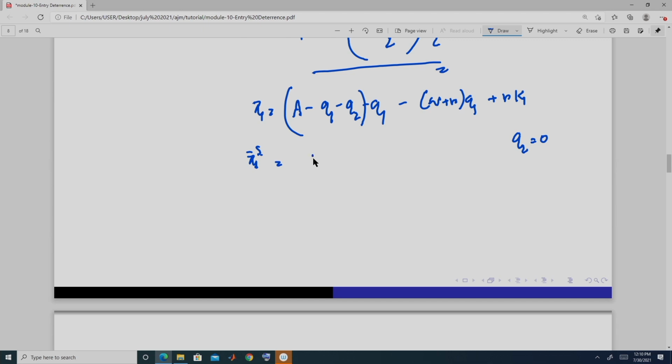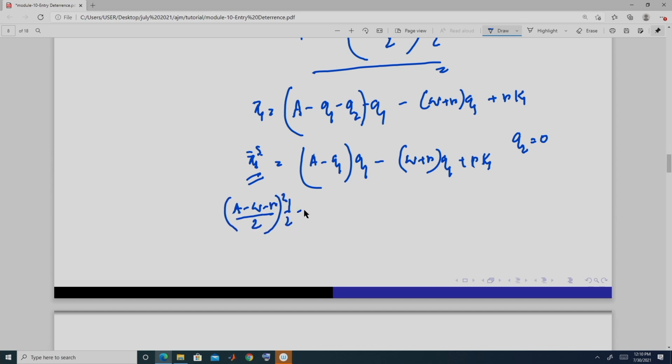We will have this is equal to 0. So, we will have this term is cancels out.